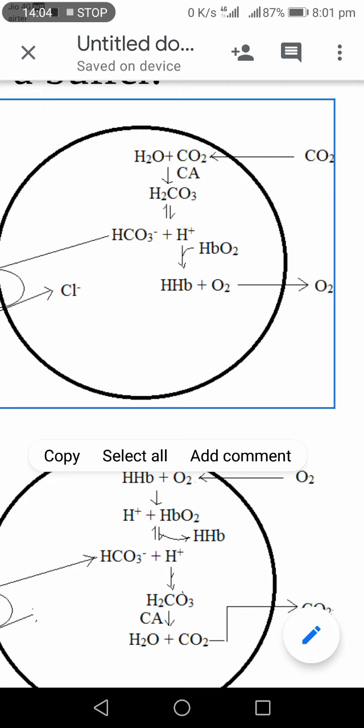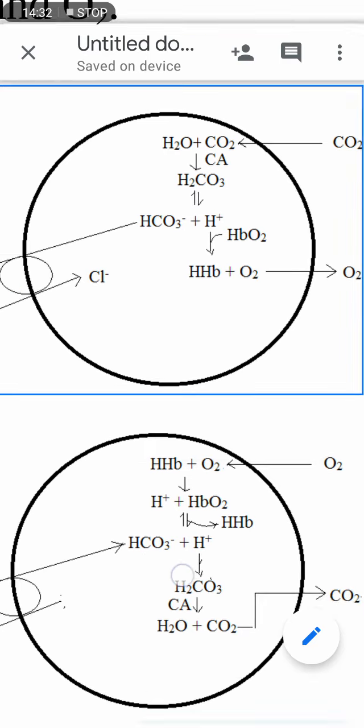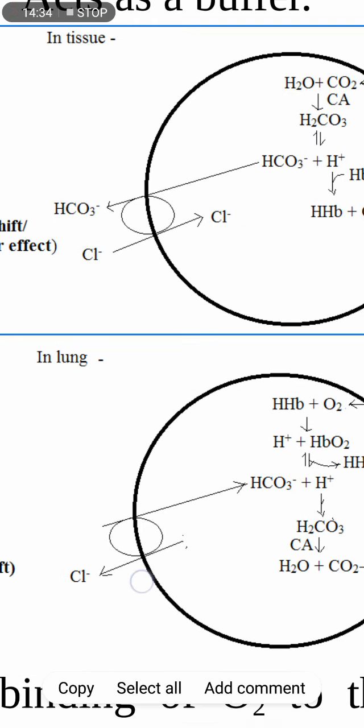This hydrogen ion binds with the bicarbonate ion to form carbonic acid. What is the source of this bicarbonate ion? Bicarbonate enters from the ECF to the RBC. Simultaneously, again to maintain electrical neutrality, chloride ion comes out from the RBC, and this is called reverse chloride shift.